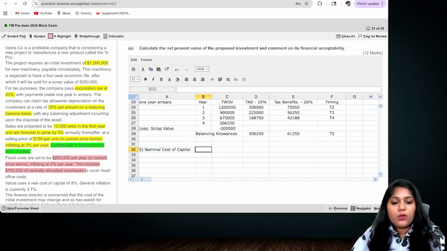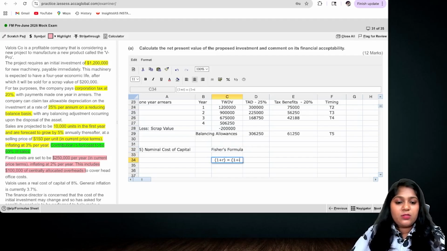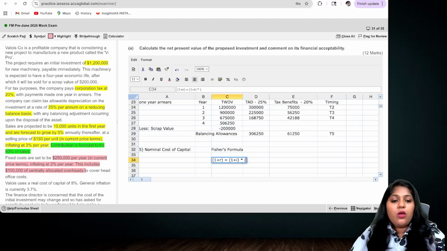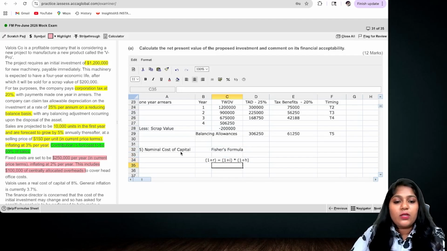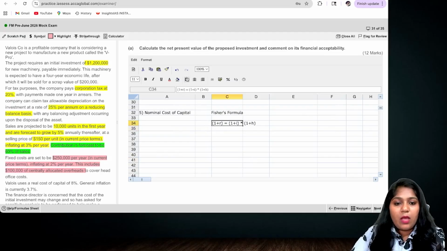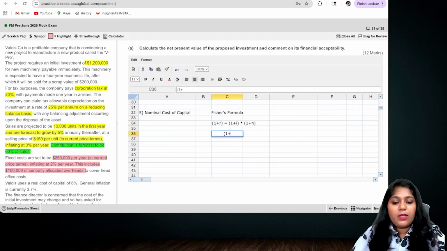This is done using Fisher's formula. So how do you use the Fisher's formula? 1 plus R is equal to 1 plus I, that is real cost of capital, into 1 plus H. So what is 1 plus R here? That is something that we have to calculate. So 1 plus I, what is 1 plus I, guys?